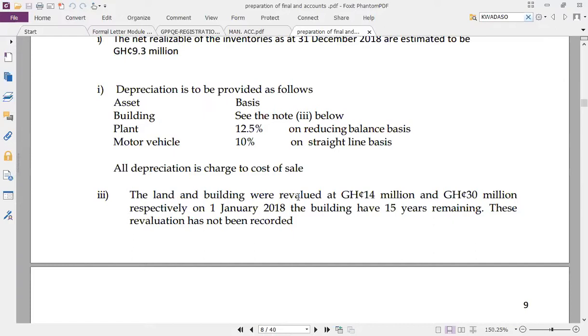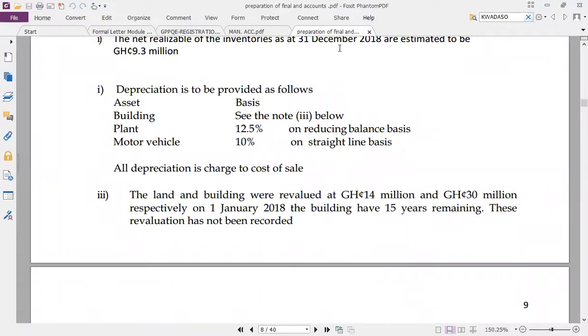In reality, can you have a building without land? Not at all. So they are together. Wherever you see a building, it must be on land or on something. Good. So the revalued amount is 44 million.